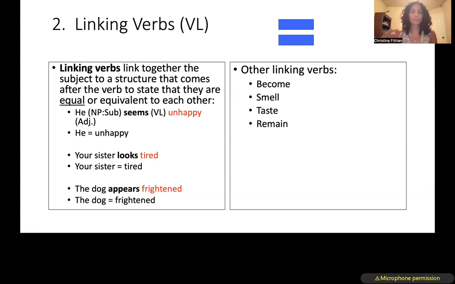Now we're just saying your sister equals tired. The dog appears frightened. Now, appears is a linking verb. We're just saying the dog equals frightened. There's a few other linking verbs like become and smell and taste. Again, many of the verbs for senses are linking verbs. Remain is another linking verb.